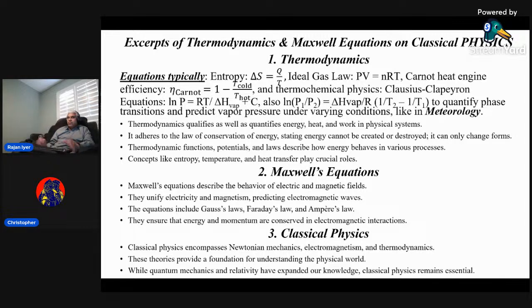So these kinds of phenomena can be studied. Weather conditions and also climatic conditions can be studied using thermodynamics.